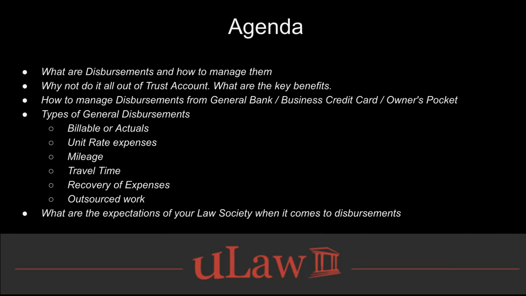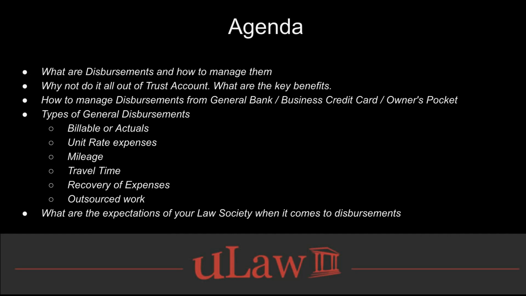Could be your general bank, could be your business credit card, could be the owner's pocket when you use your own personal credit card, and so on and so forth. There's no limit to the type of bank or credit card, the method of payment that you would be using. But we are going to see what is more appropriate to use in such circumstances.